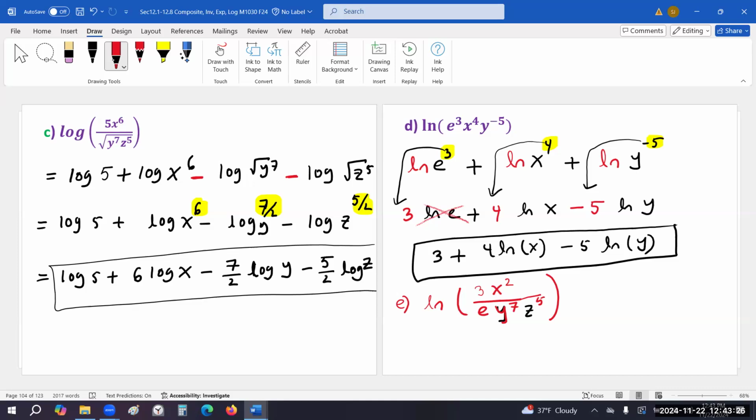And in the final exam, we'll have at least one of these. From the log section, you have to graph transformation of log, expand, simplify, this other way around, and solve logarithmic equation. Yeah, 4 questions will be from log.